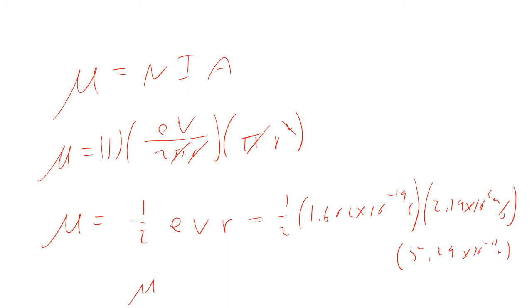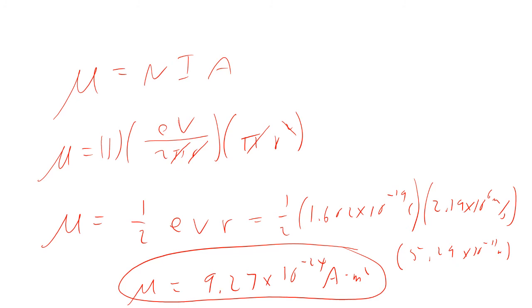So mu comes out to be 9.27 times 10 to the minus 24 amp meter squared. And so that is the magnetic moment of that electron in the hydrogen atom.